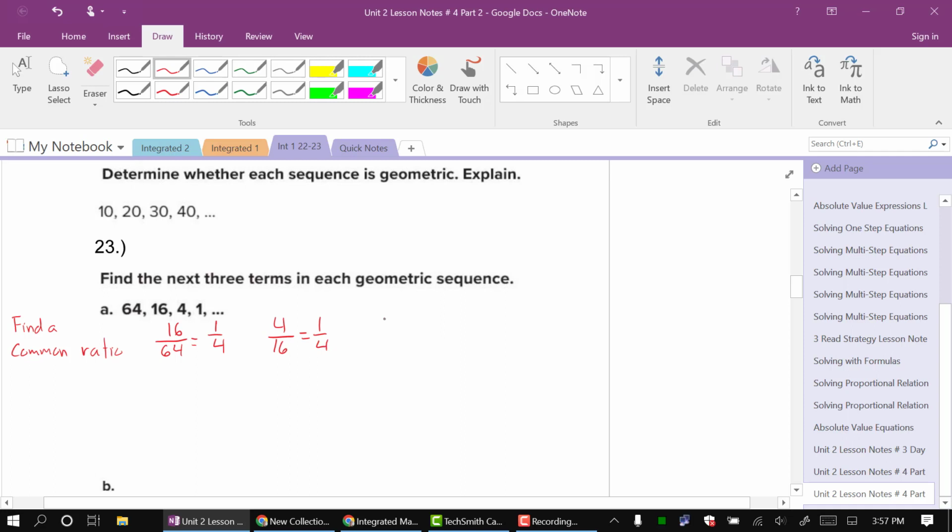And then 1/4 is just 1/4. So our common ratio is 1/4. Now we're going to use this to figure out our next term.